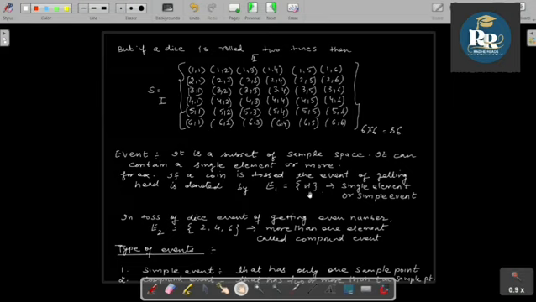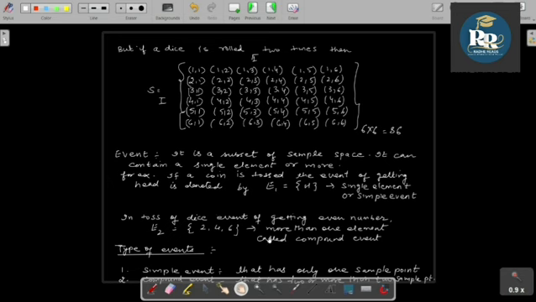A simple event is the one in which there is only a single element or a single outcome from the sample space, right? If I toss the dice and I am interested in the event of getting an even number, then the possible outcomes are 2, 4, 6. So in this case, I have 3 outcomes in the second event. Since it contains more than one outcome, it is called a compound event.